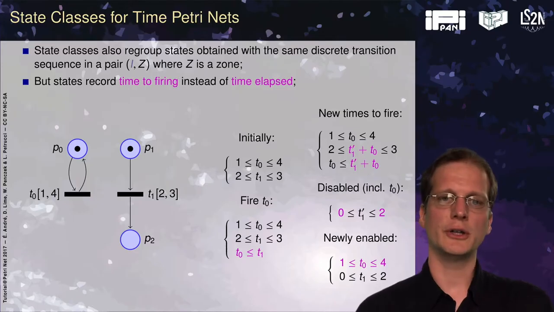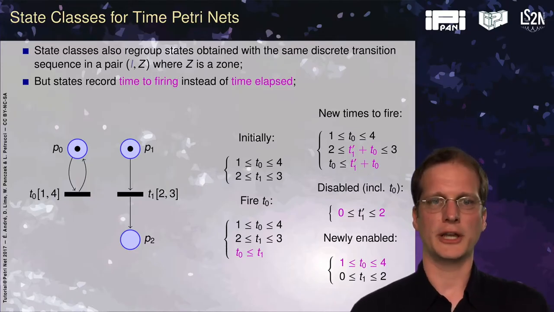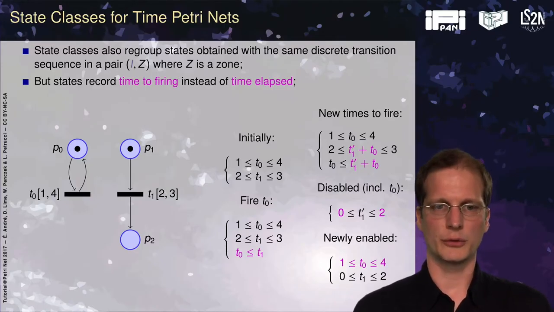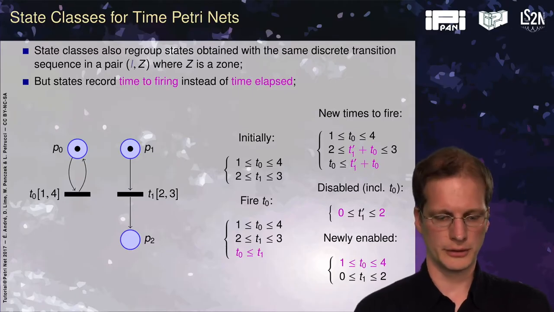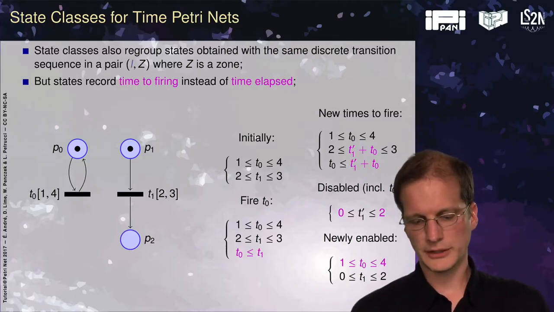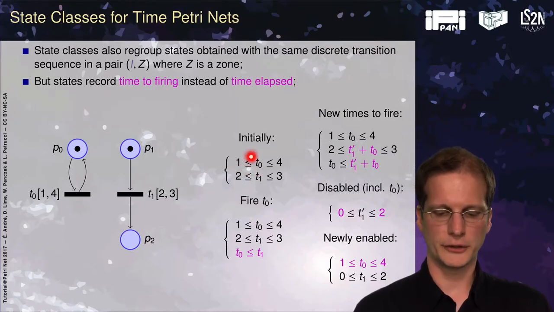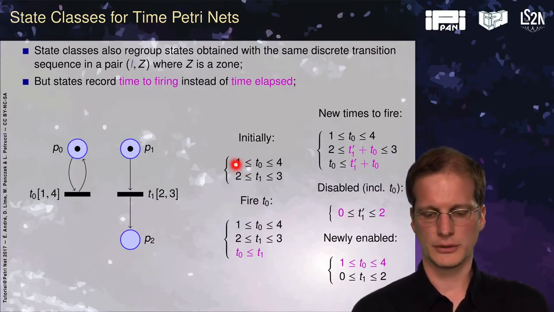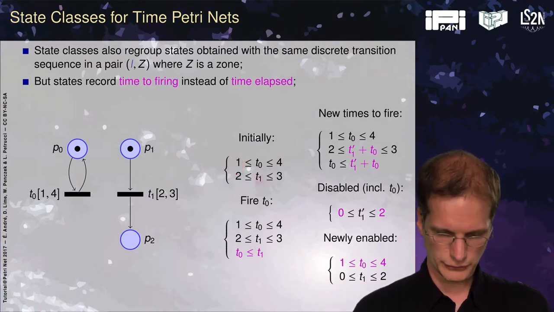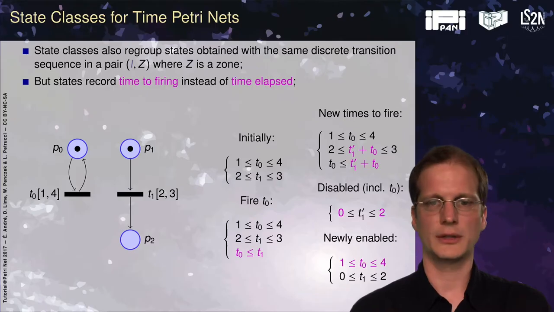Then we will record the time to fire, like a timer, 5, 4, 3, 2, 1, 0, and 5. So here, initially, we have that T0 must fire between 1 and 4 time units, and T1 should fire between 2 and 3 time units.